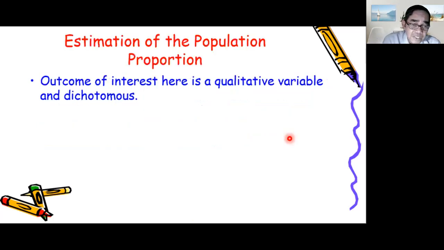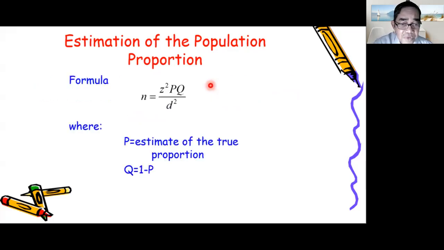Now, let's go to the next estimation, the estimation of the population proportion for qualitative variables that are also dichotomous. And this is the formula for the sample size calculation for estimation of the population proportion.